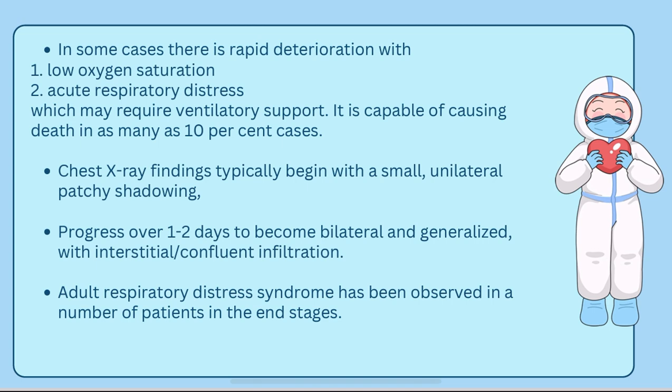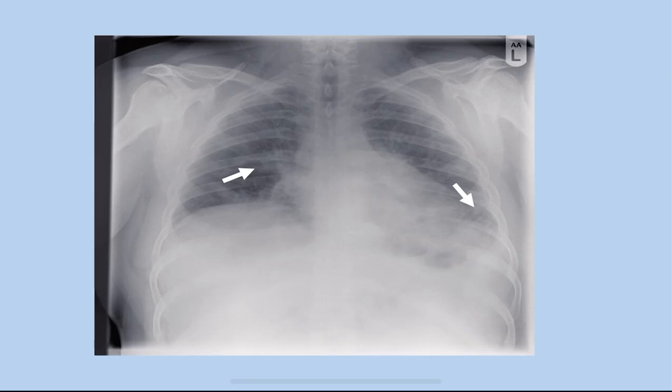So the X-ray starts with a small patchy shadow which progresses to bilateral, interstitial or confluent infiltration. Adult respiratory distress syndrome has been observed in a number of patients, especially in the end stages. In the end stages, we observe ARDS, that is acute respiratory distress syndrome.